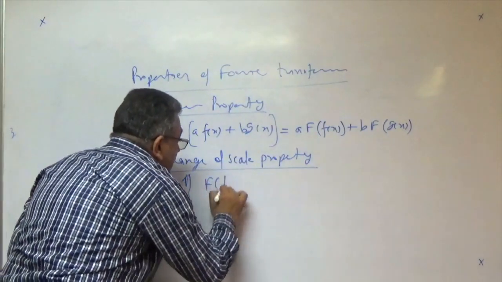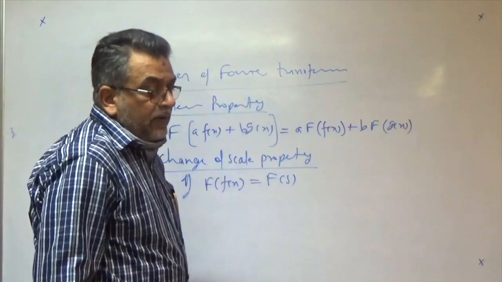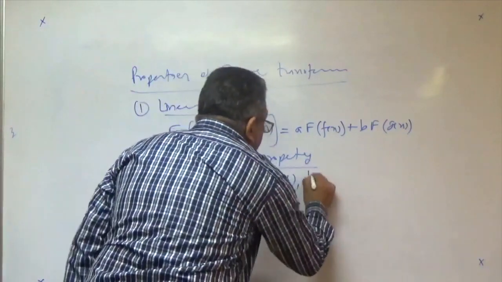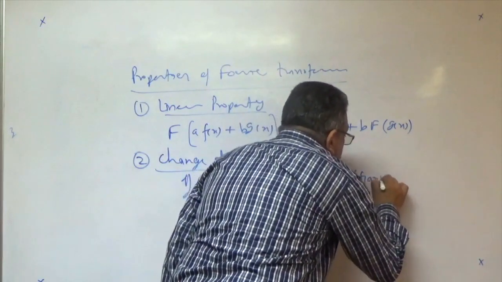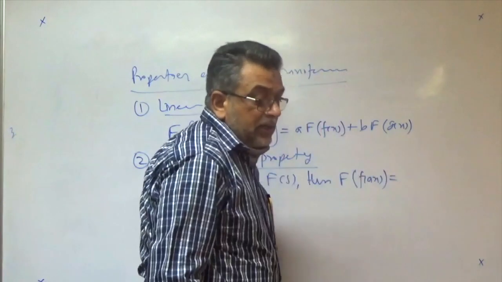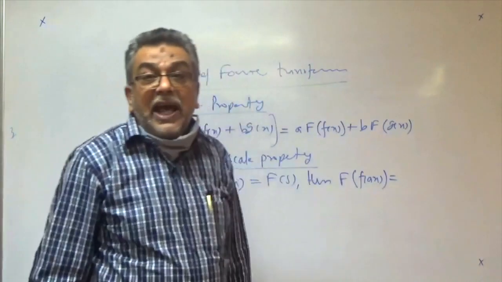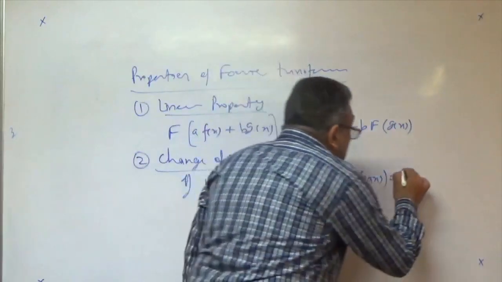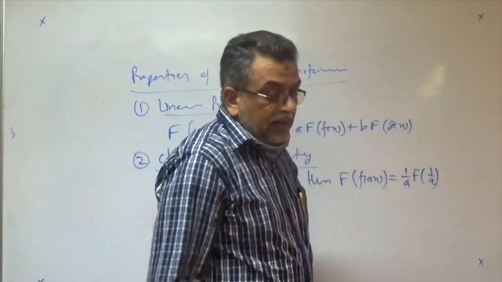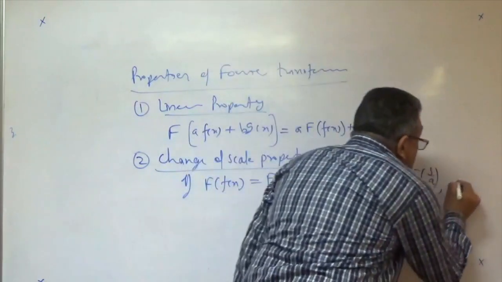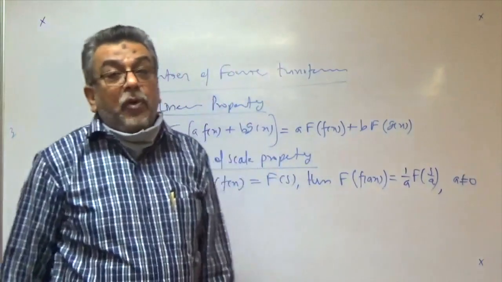If the Fourier transform of f(x) is equal to F(s), then the Fourier transform of f(ax), where a is any constant, that is, if in place of x we take ax, is equal to 1 upon a times F(s upon a), where a is non-zero. This is the change of scale property.